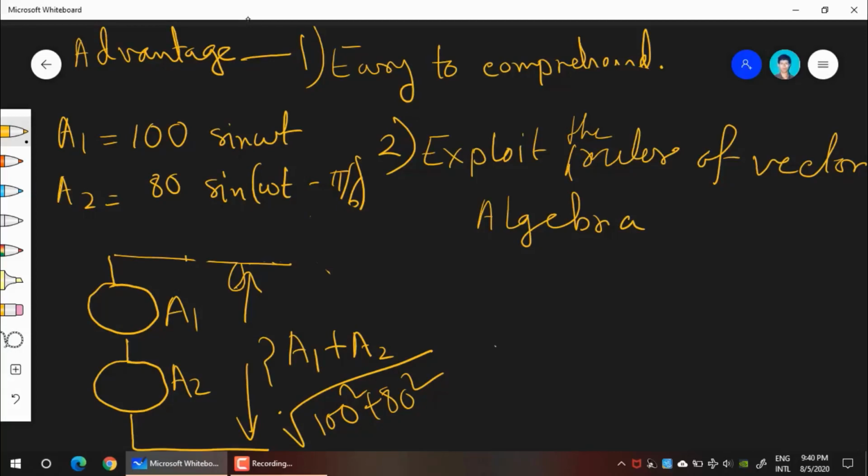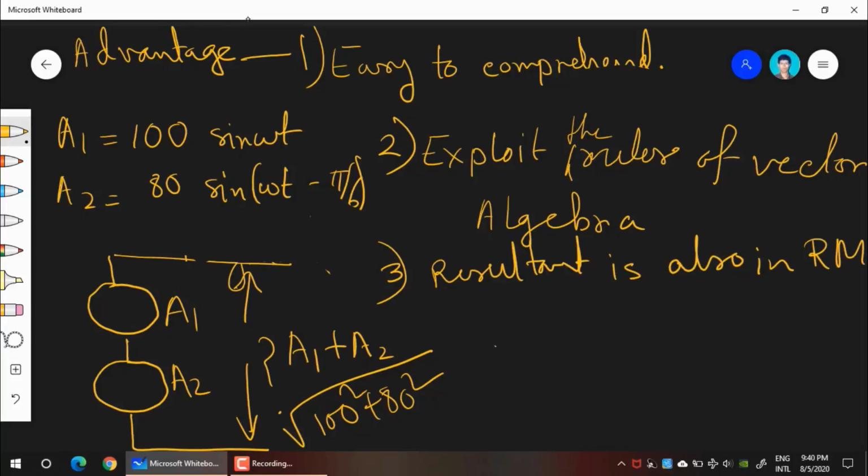And the third point, which is more important, is that the resultant is also in RMS. So why is this important?